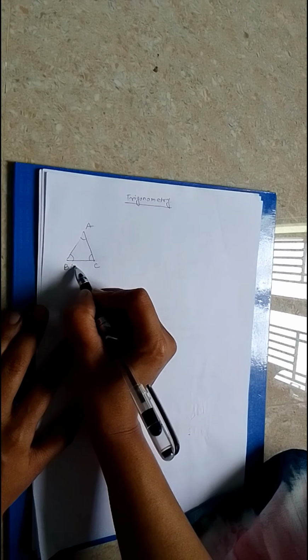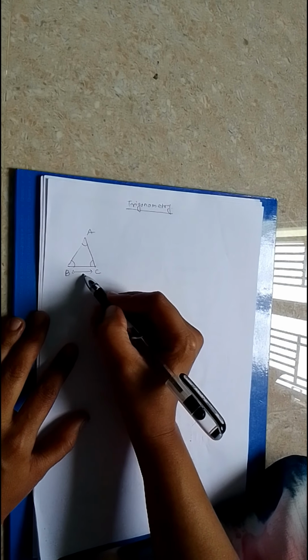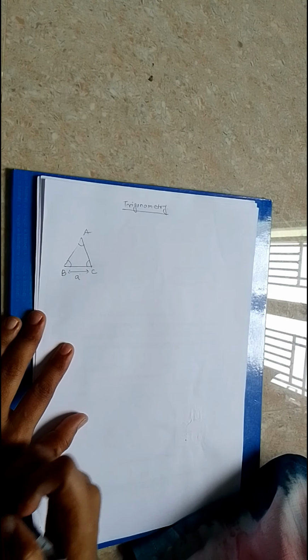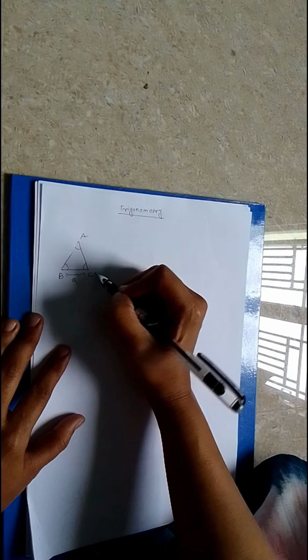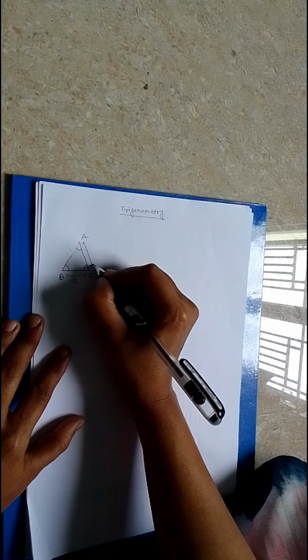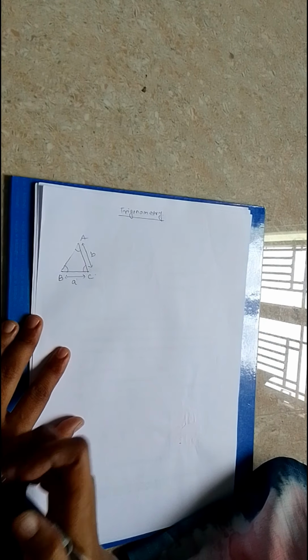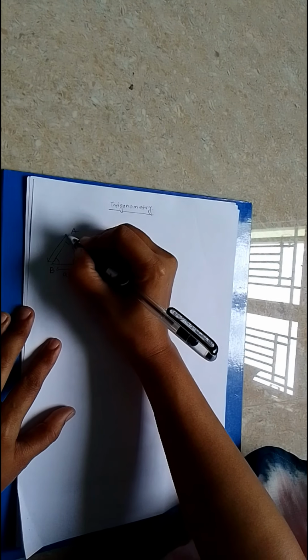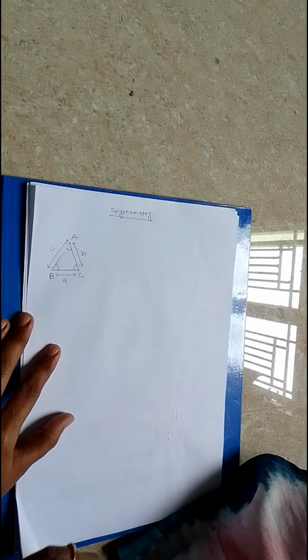The side opposite to angle A is written as a. The side opposite to angle B is considered as b. The side which is opposite to angle C is considered as c.